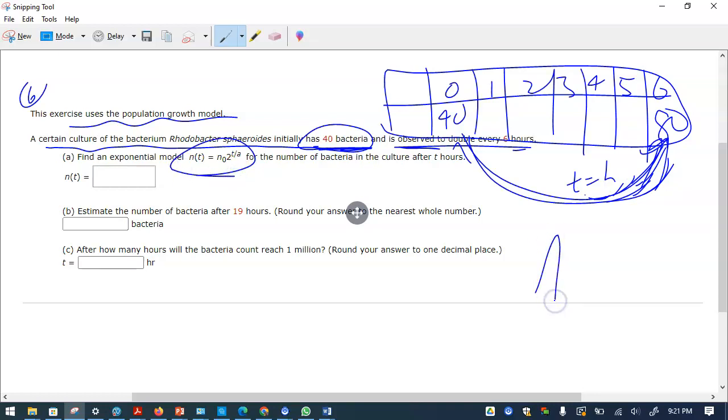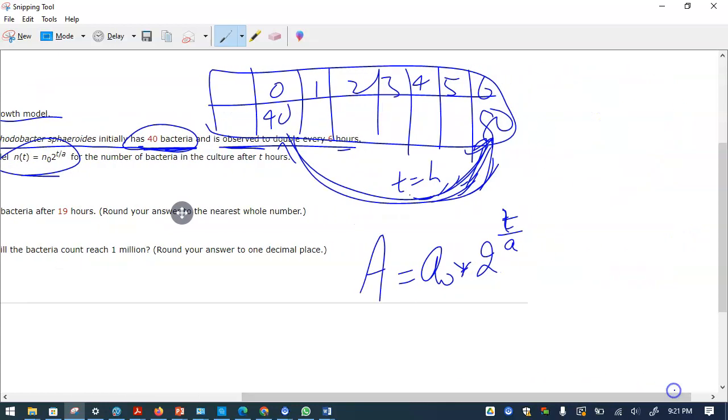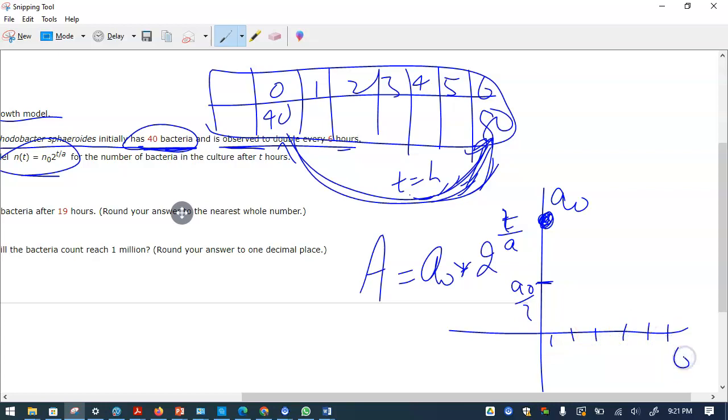Otherwise, if it is anything doubling, the formula is always what you have in the beginning, and then 2 raised to t over the number of days or hours after which it doubles. Sorry, doubles, right? I made a mistake here.